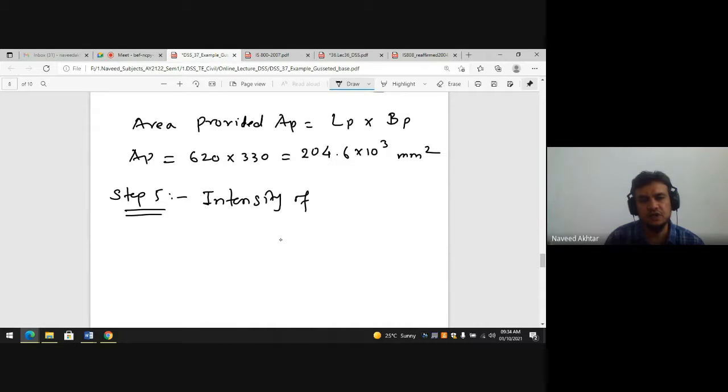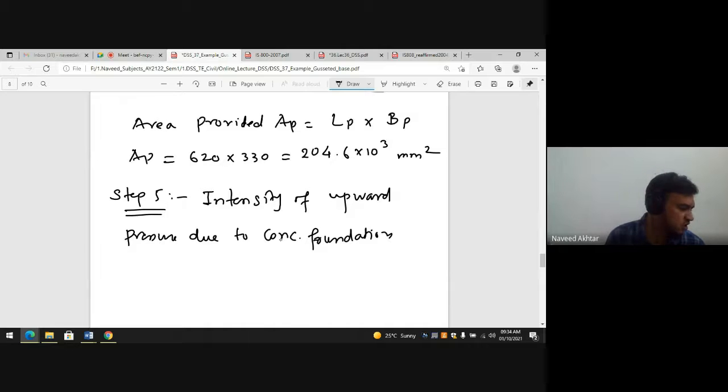Intensity of upward pressure due to the concrete foundation or pedestal, whatever it may be.